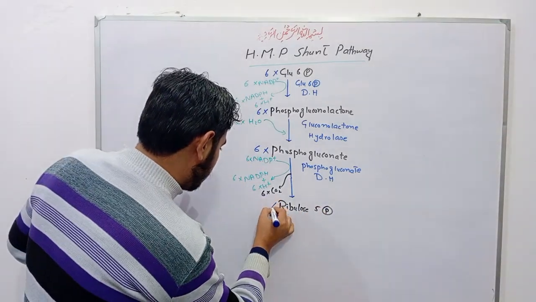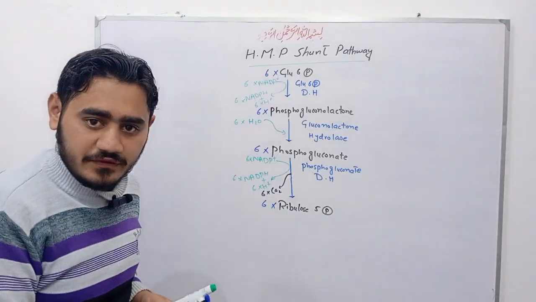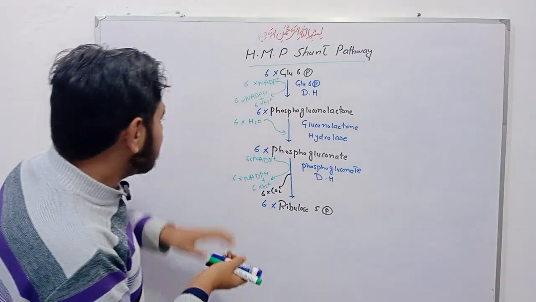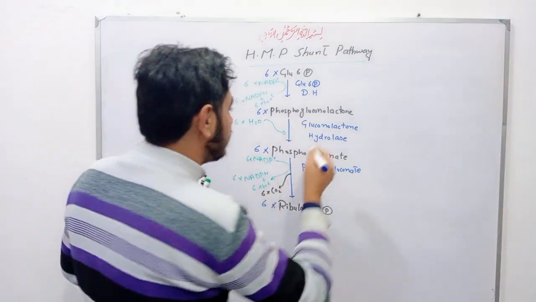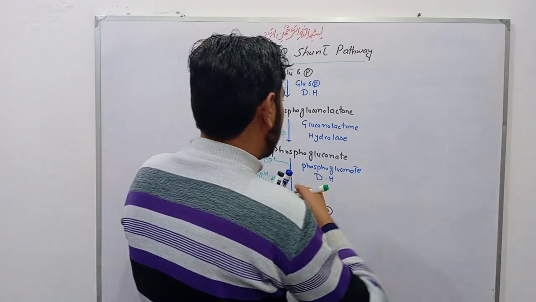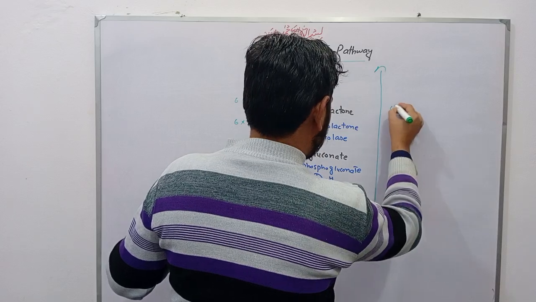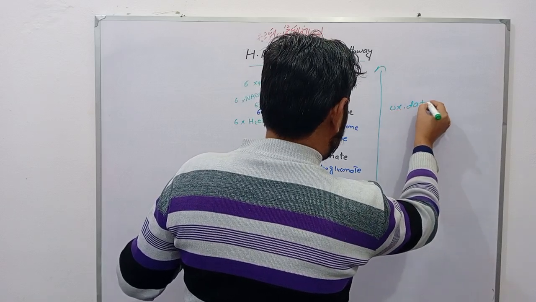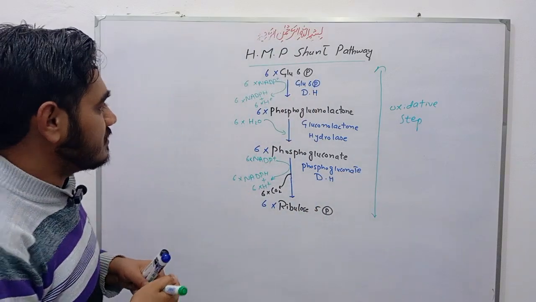Ribulose 5 phosphate. Okay, so this is the oxidative step.